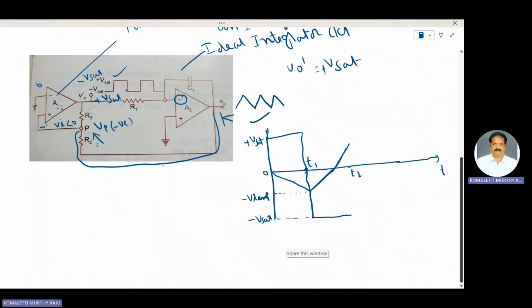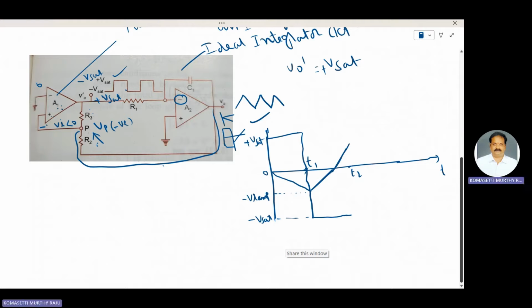This positive going voltage crosses 0 volts and is fed back to point P shown in the figure, which is positive. Point P becomes just above 0 volts, thereby switching the output voltage of A1.